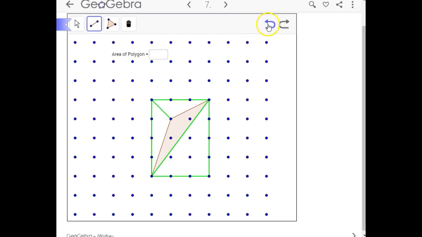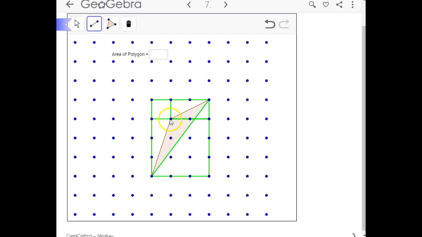Okay, let's see. I can take away this square and I can take away, can't take that away. Oh, I can. I can take away this. I can take away this.